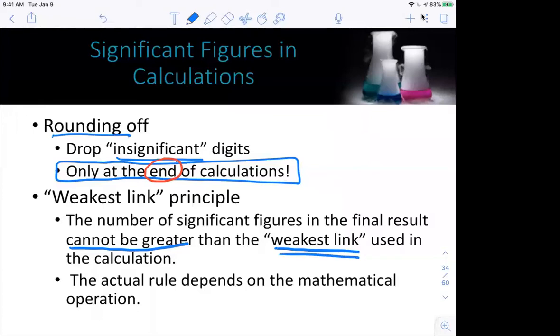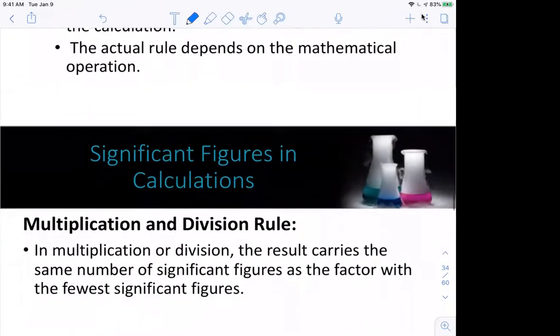And then, depending on the mathematical operation, I report what I need to report, which means I have to round off. But I only round at the very end. I am not going to round in intermediate steps if I have multiple mathematical operations to perform, because that will just increase the error in my calculation.